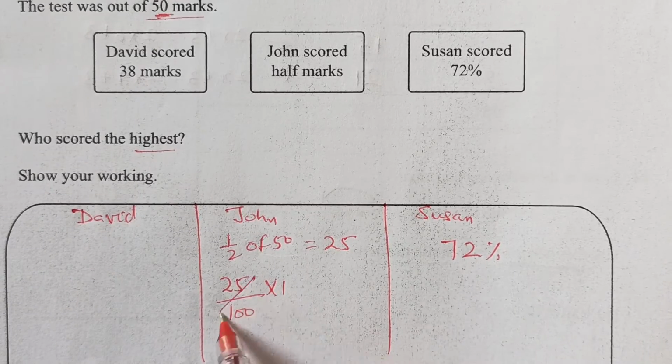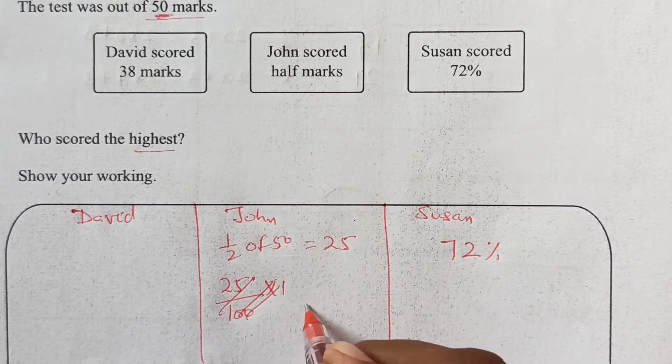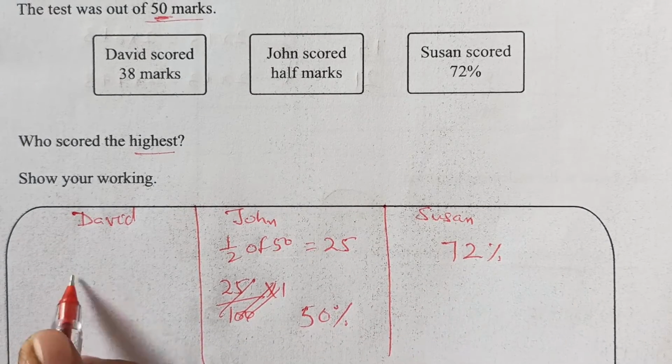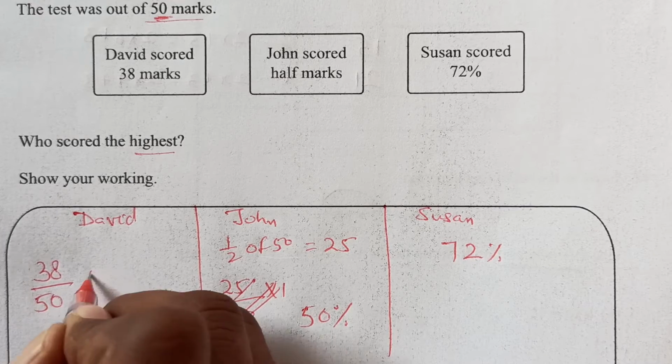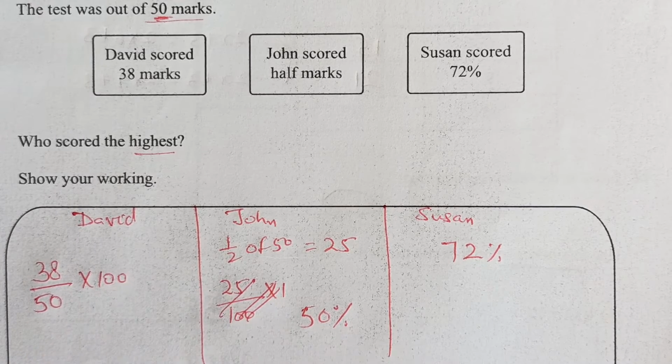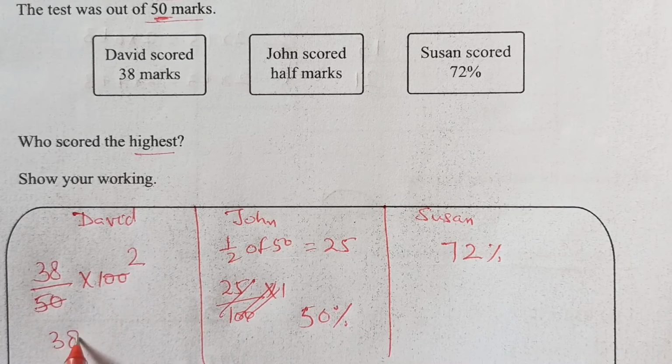Or you can just write down, let's not make it complicated, half marks. Half marks means 50%, right? And David got 38 marks out of 50 times 100, right? So 50 times 2, then 38 times 2, 8 times 2, 16, 76.